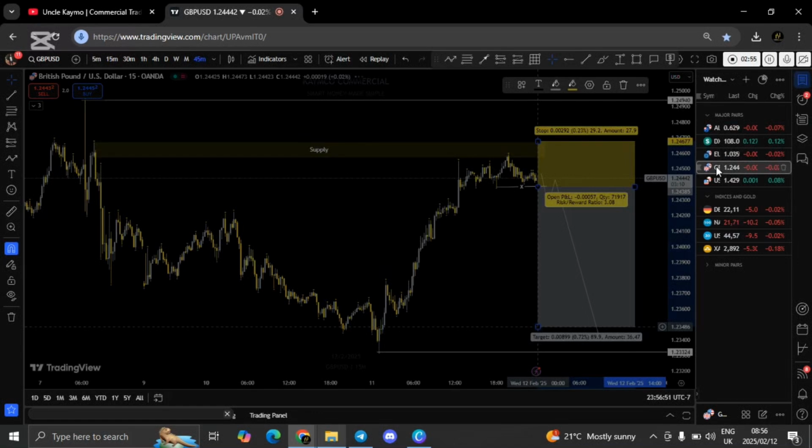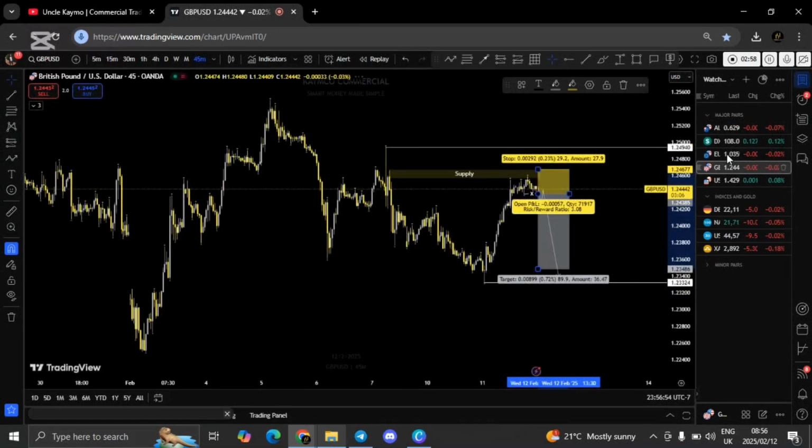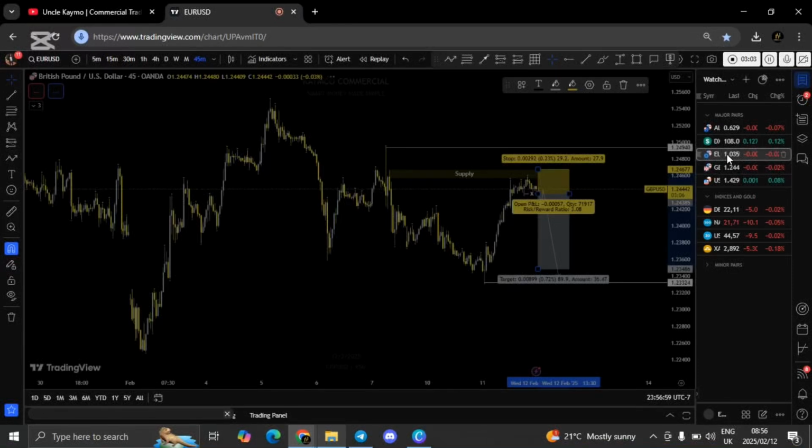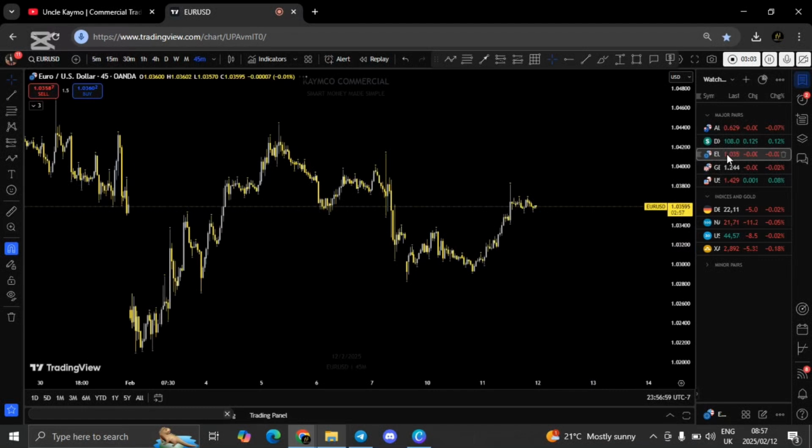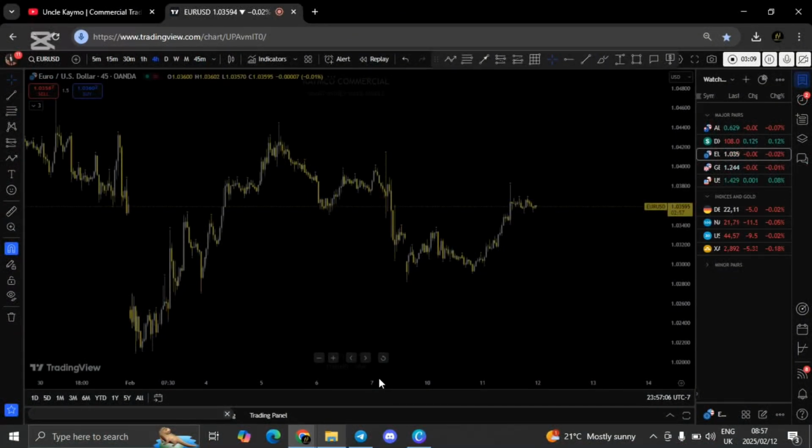On EURUSD, I had this setup, but I didn't record the video for it. Also, I didn't enter because I was already inside Nasdaq buys. So this one was only for the hour time frame. It's supposed to be a swing trade, so nonetheless, here it is.